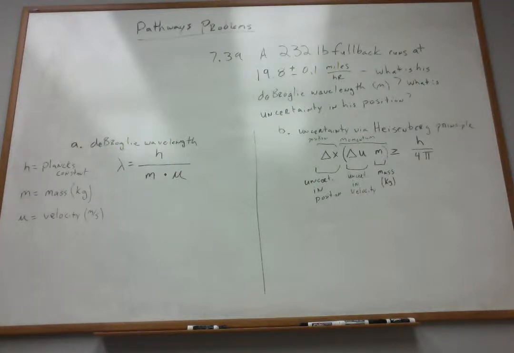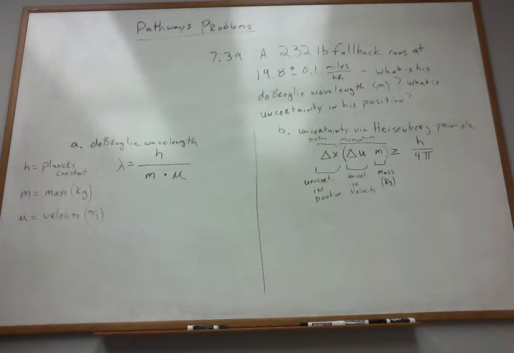In this problem, we are going to compute the wavelength of this 232-pound fullback, which I think we're going to find is pretty darn small. Vanishingly small. We probably will never even notice that, but the theory is that all matter exhibits some wave-like properties. So let's dive into this first one, and then we'll come back to the second one.